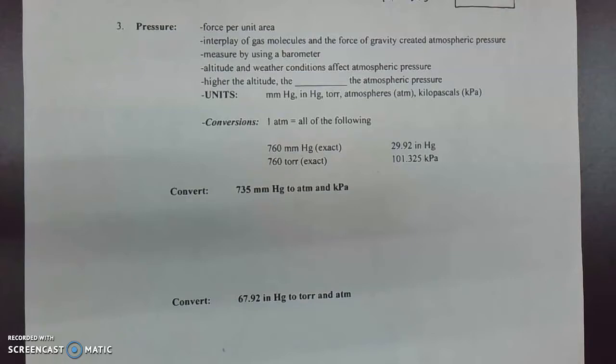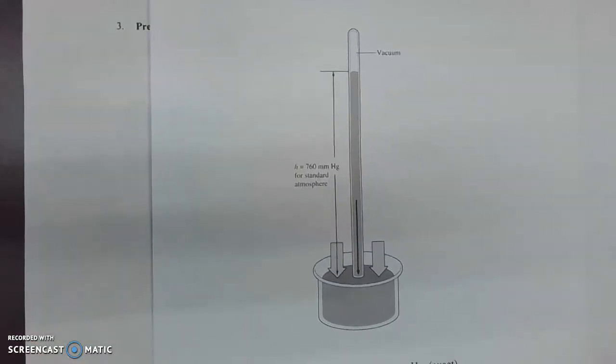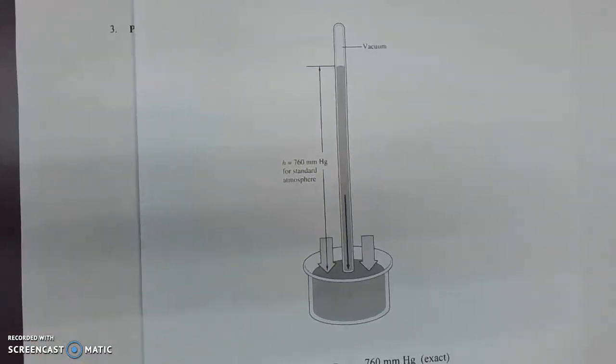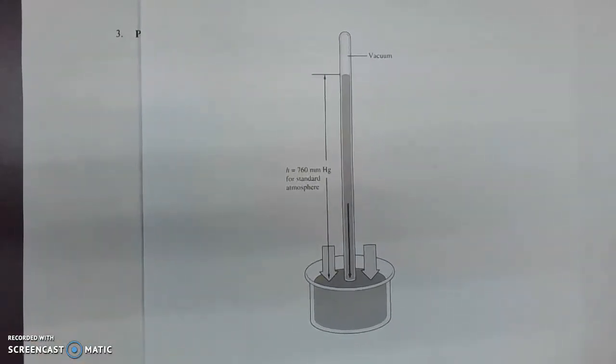We measure pressure using a device called a barometer. A barometer just presses down on our gas molecules, and we measure the height of a column of liquid. I do have a diagram in your handouts that shows a barometer, and that's what this is right here.